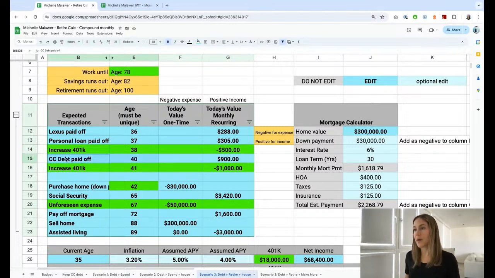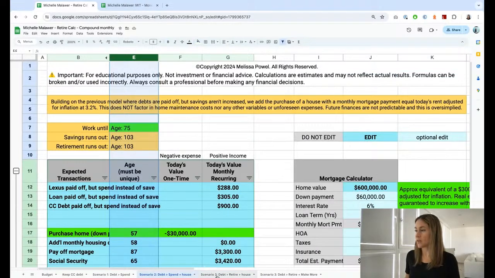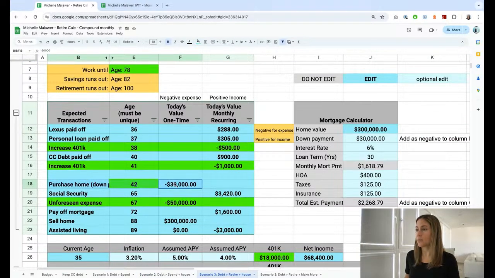And then after they pay off the credit card debt of $900 a month in 5 years, they start investing $1,000 a month into the 401k. And then they get to purchase a home at 42 instead of 57. So they've saved up more.